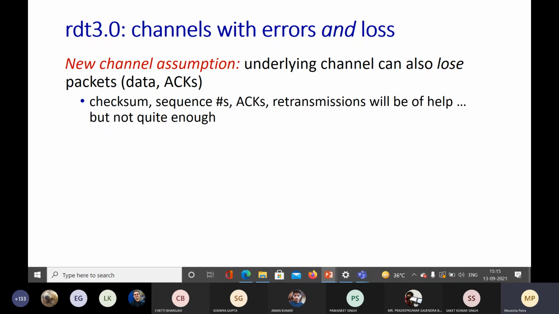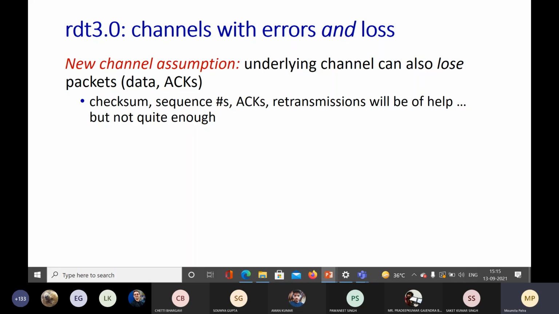So until now what we have learned is that if there are errors, we can use checksum, we can use sequence numbers to find out whether the packet is getting duplicated or not. And instead of having both ACK and NACK packets, we can simply use sequence number and acknowledgement to find out whether the sequencing is correct or not.